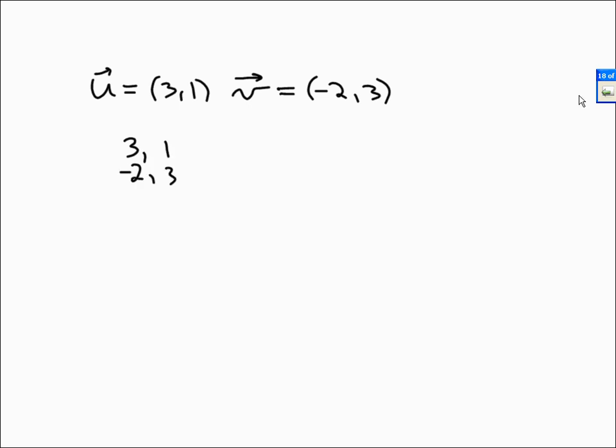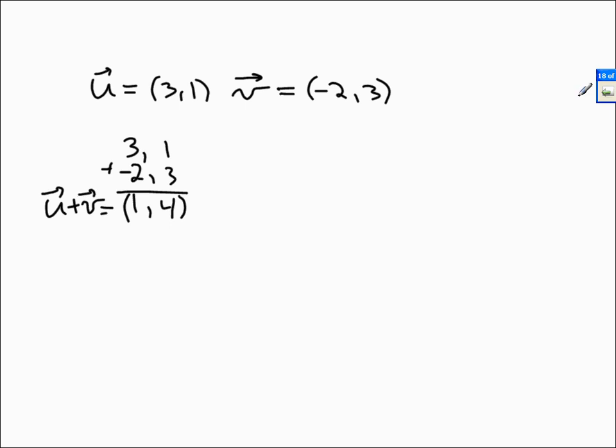If u is 3, 1, and vector v is negative 2, 3, well, if you just add them, you get 1, 4, and this will be u plus v.